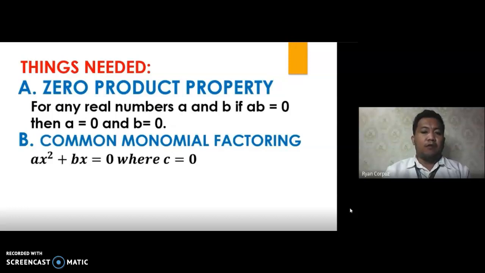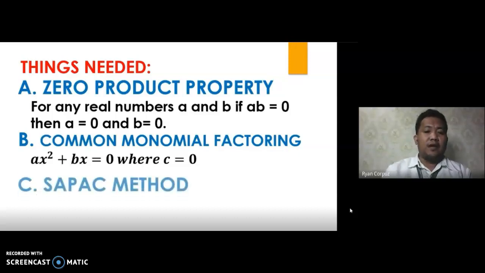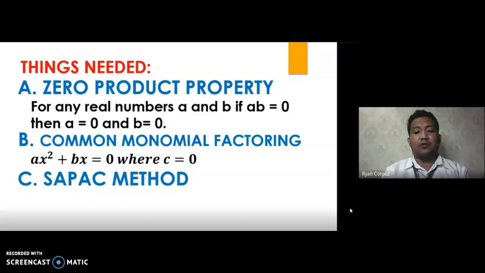You have already discussed that during your grade 8, but we are still going to recall it today for you to know how common monomial factoring is being used in solving quadratic equation by factoring.